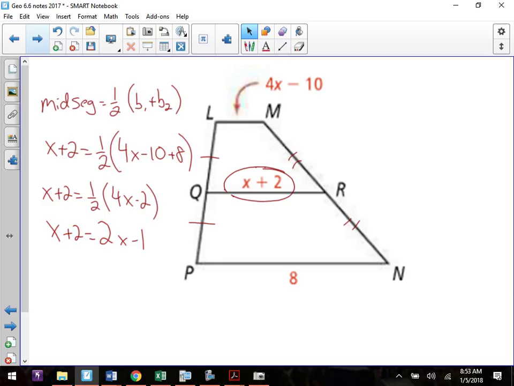Once again, like we've been doing all along, the algebra stuff we've been working out, guys, it's not super complex. Subtract the 1x, add the 1. You get 3. Pretty straightforward.